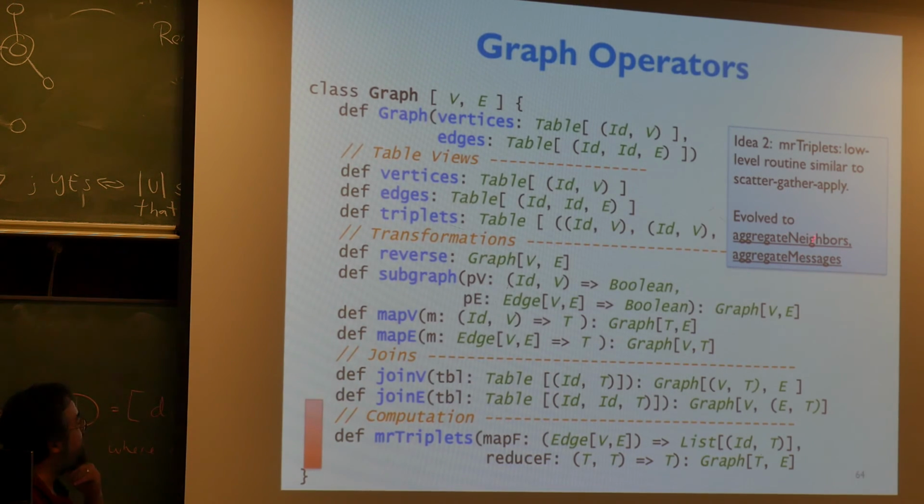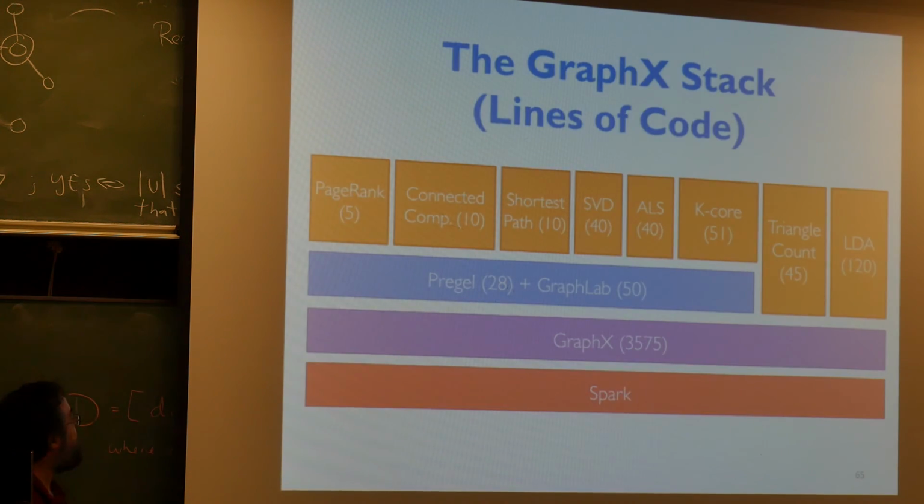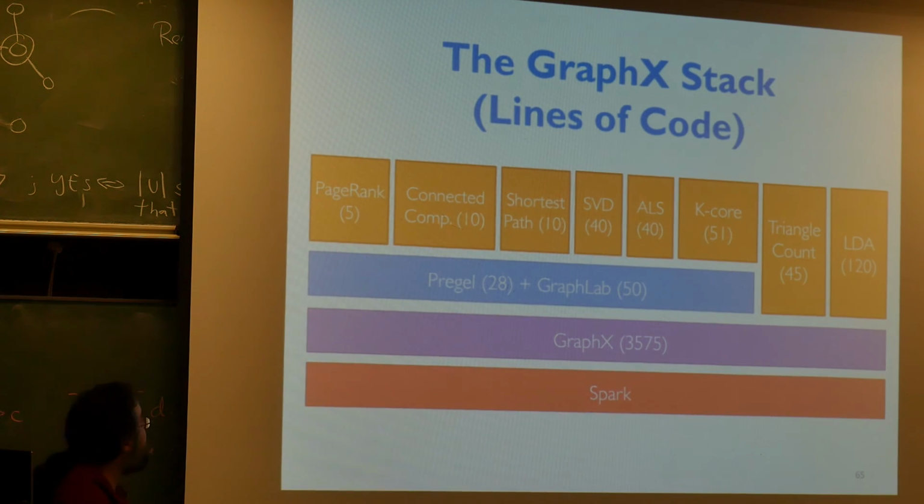There are some other routines called aggregate neighbors and aggregate messages, which are used to supplement this. But that's the basic idea. I won't go through how you can implement these things, but the basic story is the operations in GraphX are a few thousand lines in Spark.